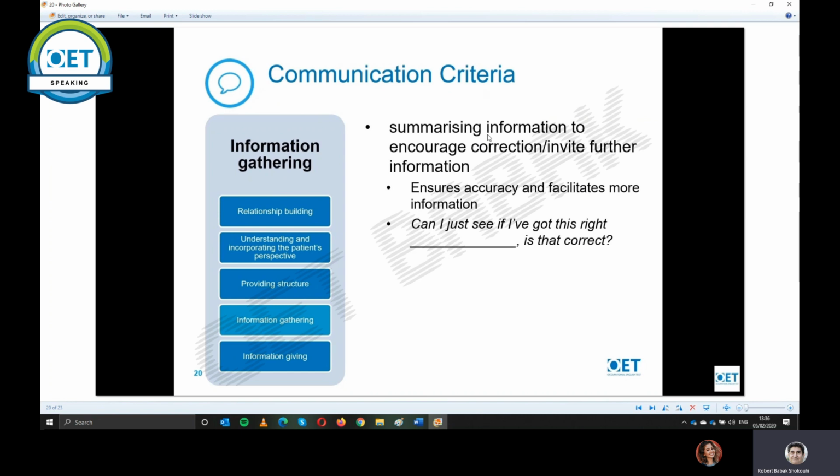So this is summarizing. It gives me some time to think, and gives the patient the opportunity to add or correct. Also, it gives a structure to the consultation. After you finish gathering your information, you summarize everything and say, let me see if I've got it right.